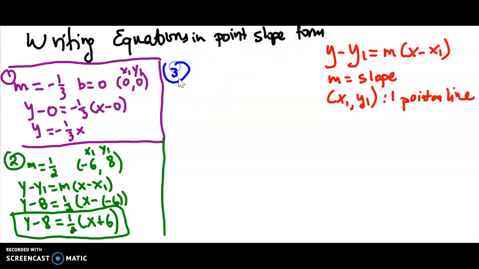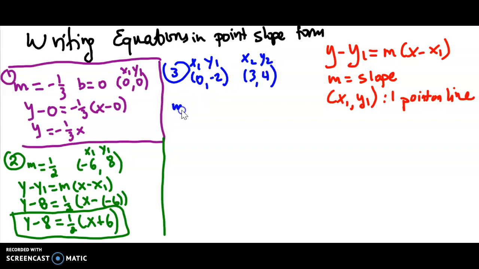What about if they give you 2 random points on the line? Here's that, and here's that. Now, in order for you to go from that information to point slope, you really need m and a point. Well, first of all, you don't have the slope, but you have that information. You have 2 points. So let's label our points to start finding a slope.